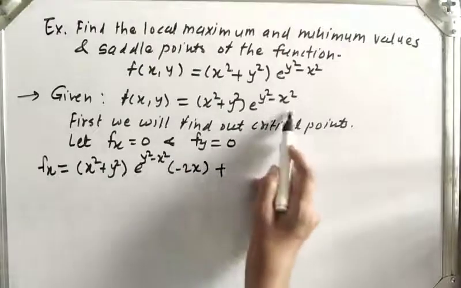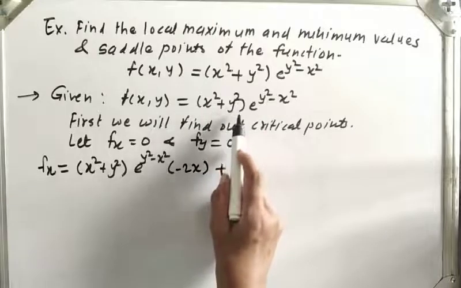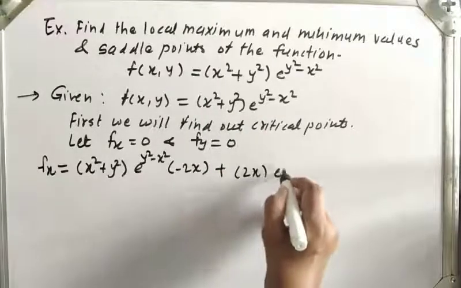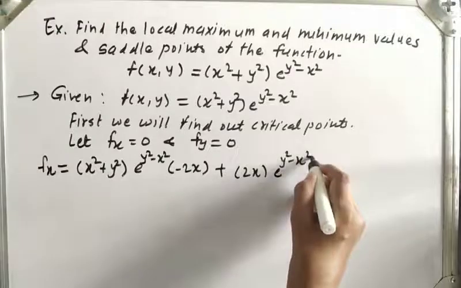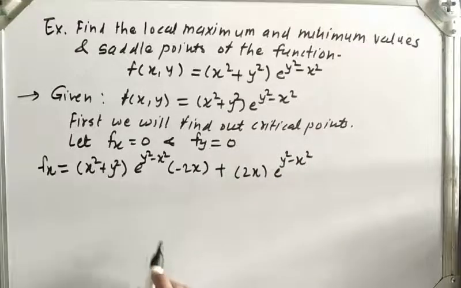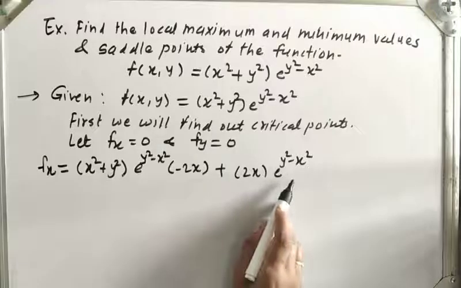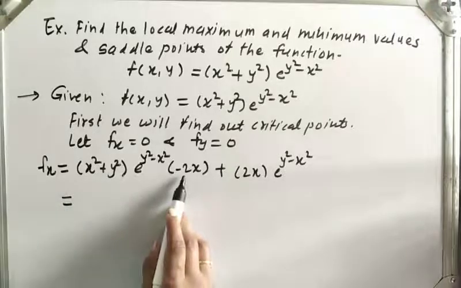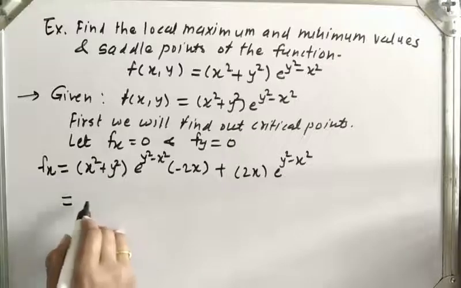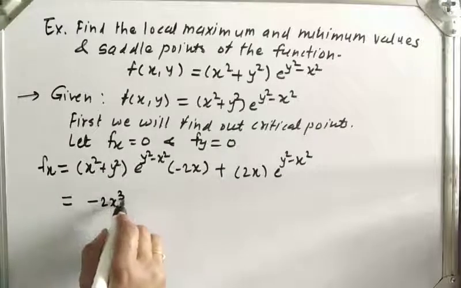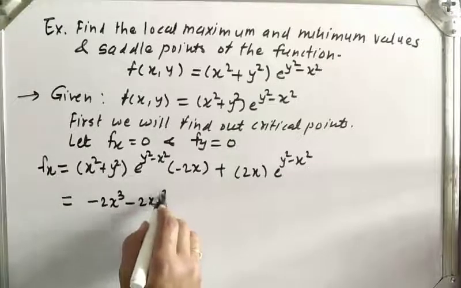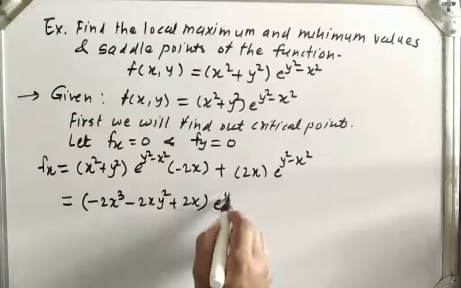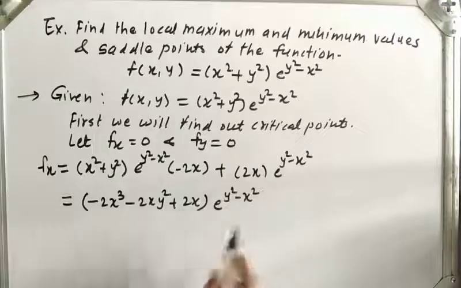Plus, keep the second term as it is, the derivative of x² + y² is 2x, times e^(y² − x²). We can take e^(y² − x²) common. So here it will be multiplied by −2x: fx = (−2x³ − 2xy² + 2x) e^(y² − x²).